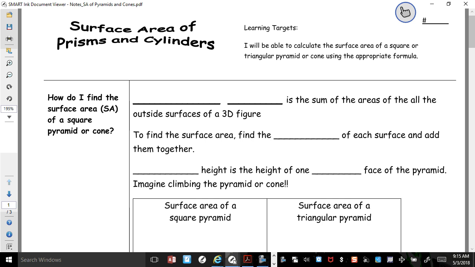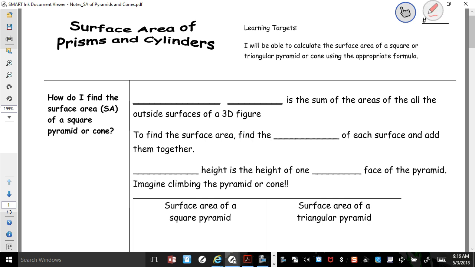And from here to here, we can make that right triangle. If we have this as a leg and this as a leg, the slant height is the same as the hypotenuse. So that will come into play, slant height, all right?